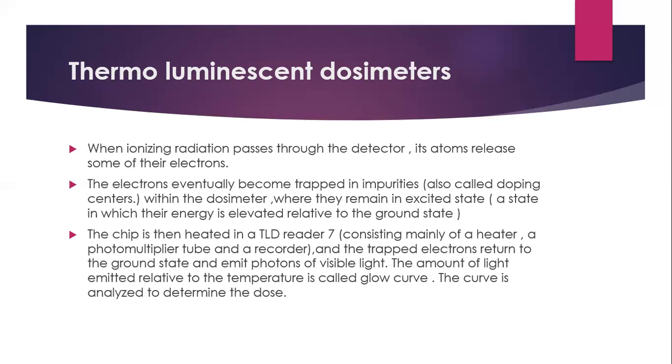The chip is then heated in a thermoluminescent dosimeter reader, consisting mainly of a heater, a photomultiplier tube and a recorder. The trapped electrons return to the ground state and emit photons of visible light, which we can see. The amount of light emitted relative to the temperature is called the glow curve. The curve is analyzed to determine the dose, and then we can calculate the amount of dose.